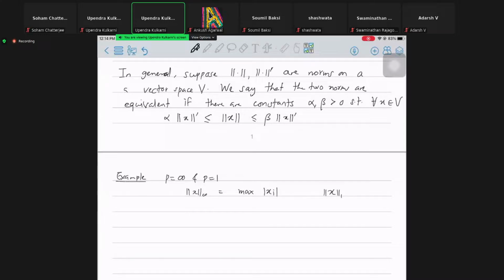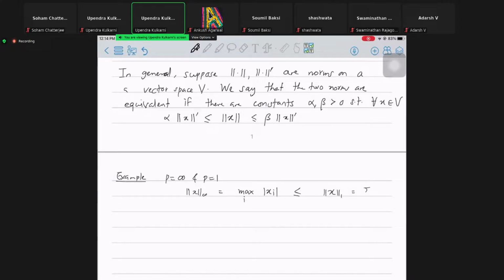But there is something obvious, right? The maximum of |xi| is less than or equal to the sum. This is just obvious, because what am I doing?